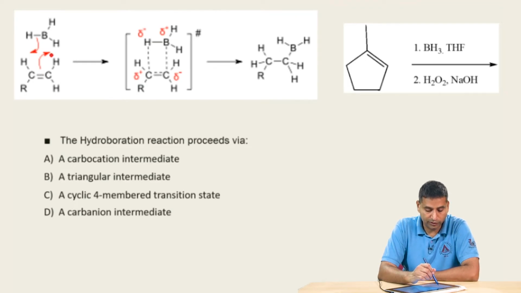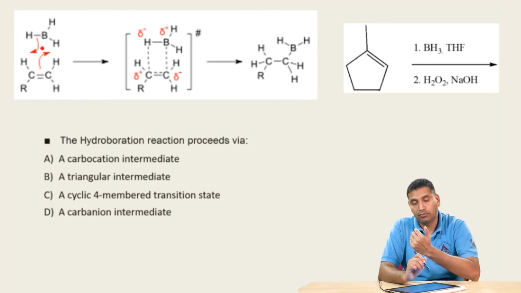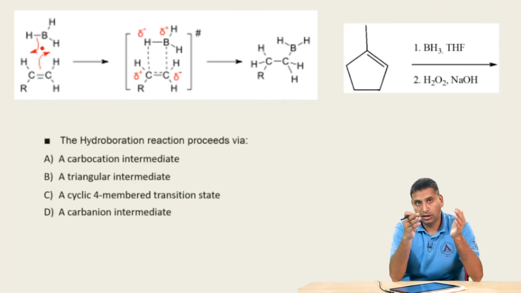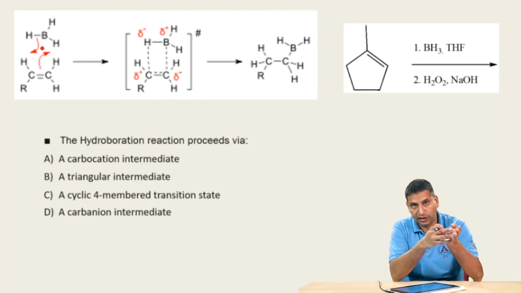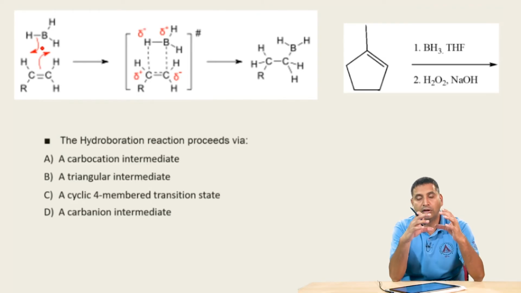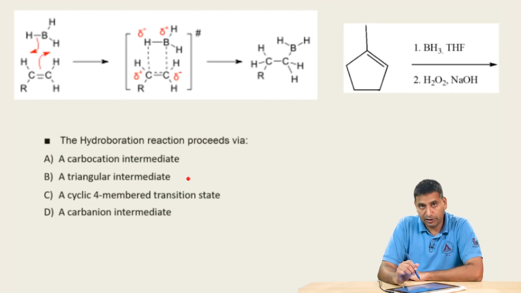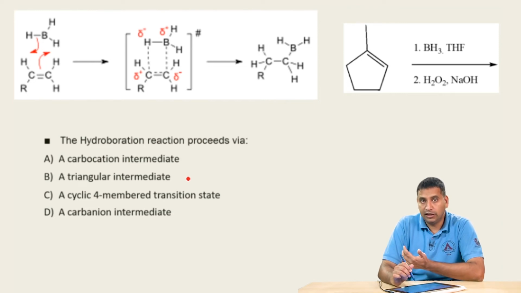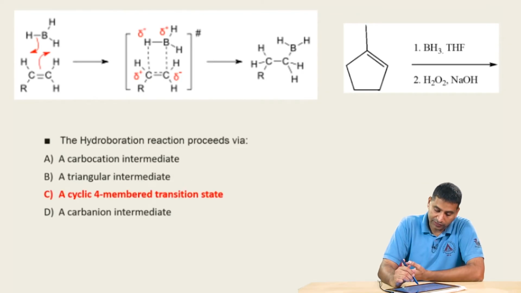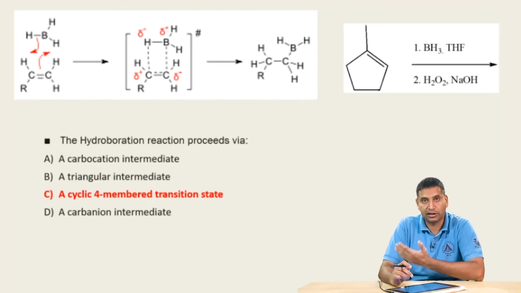That is, you have the olefin forming a bond with the boron, and the boron hydrogen bond also breaks and it forms a 4-membered cyclic transition state, wherein the boron ends up on the less substituted carbon. So, therefore, the formation of a carbocation intermediate is incorrect, a triangular intermediate is also incorrect, the carbanionic intermediate is also incorrect, and the correct answer is that it forms a cyclic 4-membered transition state.